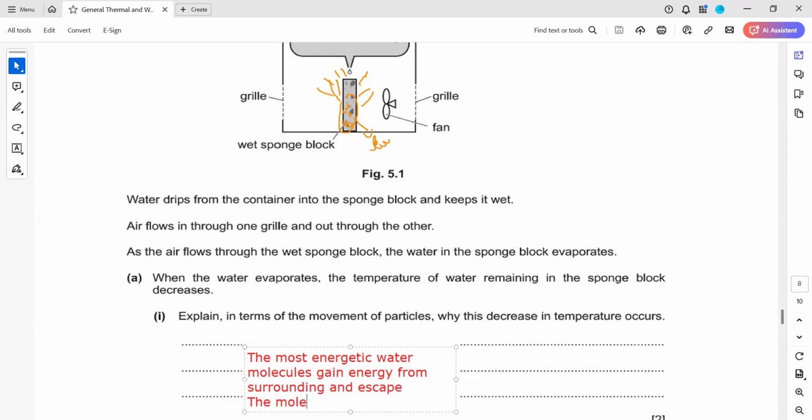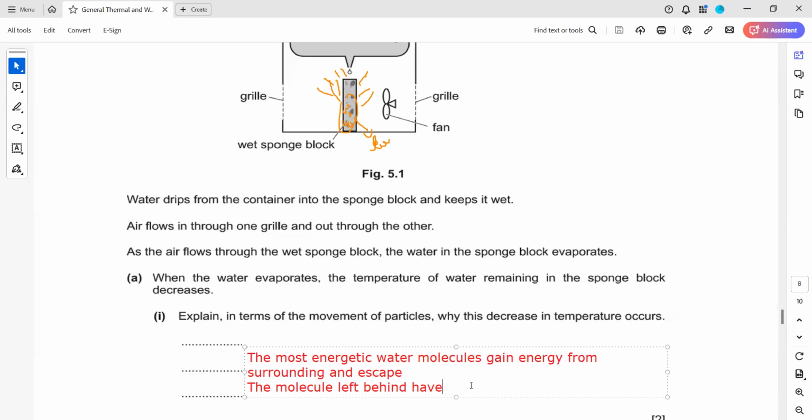The molecules left behind have low energy, which causes the cooling effect or decrease in temperature. And that causes the temperature to decrease.